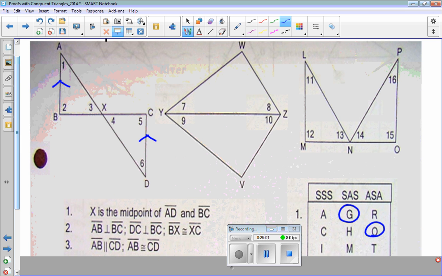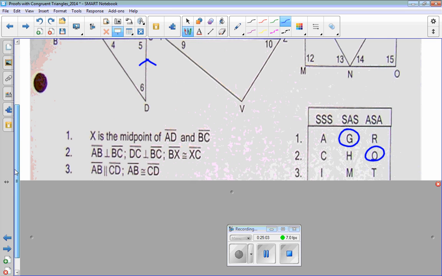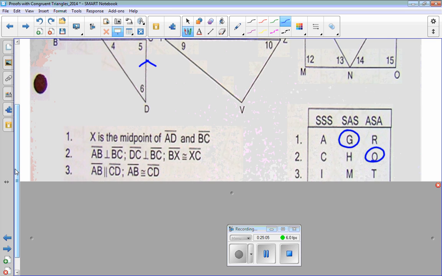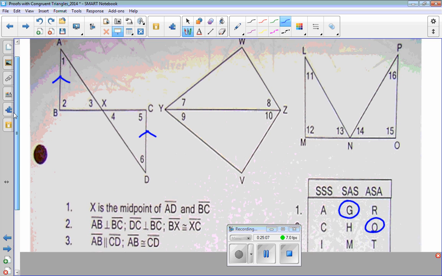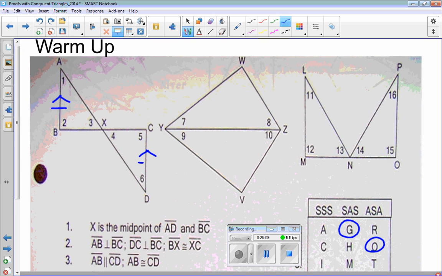We're thinking that maybe we have alternate interiors. Let's keep going. We're also told AB is congruent to CD. Congruent's good. Do I have enough information right now to say the triangles are congruent? Not yet. So I rely on my 3. I see parallel lines. Let's use it.